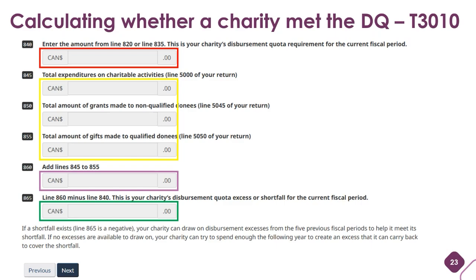The total of those 3 lines is on line 860 in purple. You are prompted to minus line 840, your DQ in red, from line 860, your total expenditures in purple, and write the total on line 865 in green. Line 865 is your charity's DQ excess or shortfall.